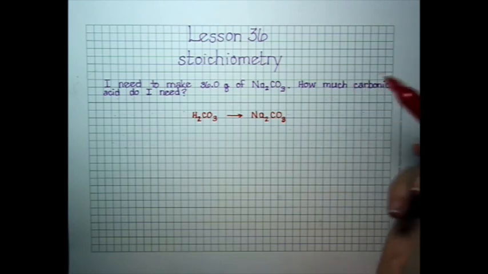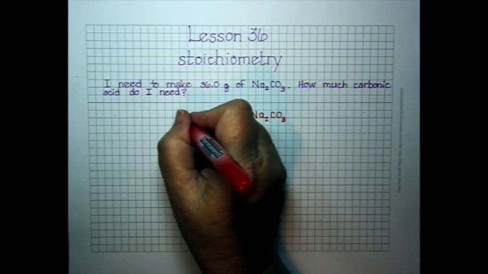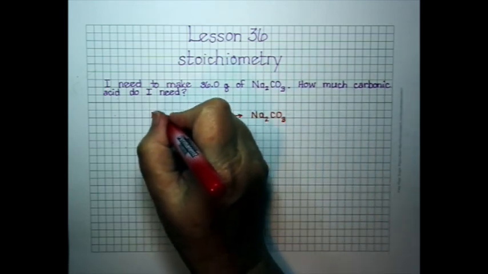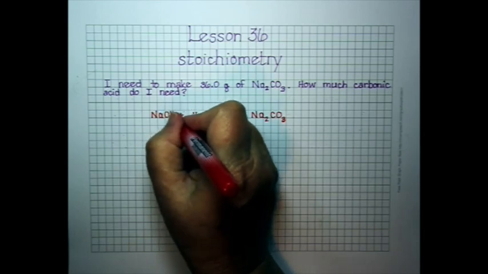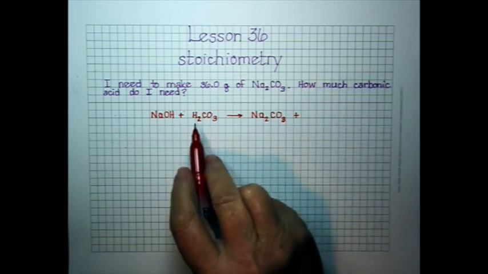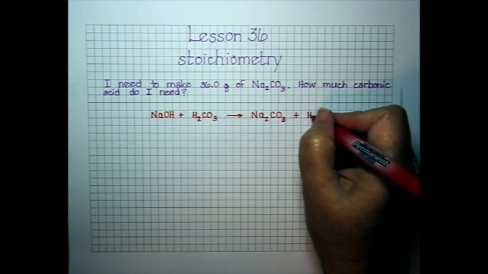Let's do it as a double replacement reaction. So we're going to decide that our other reactant needs to be sodium hydroxide. We need the sodium and hydroxide. That means that our other product is going to be hydrogen hydroxide, also known as water.